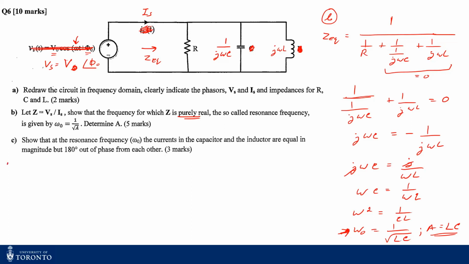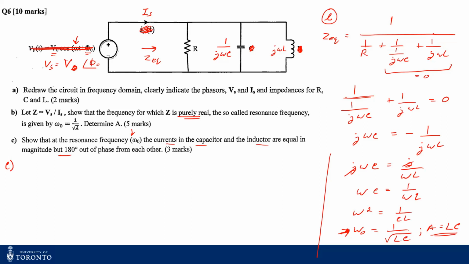Now for part C, you are asked to show that at resonance, which is omega naught, the currents in the capacitor and inductor are equal but have a 180-degree phase shift. Right, so this is what you have to find.